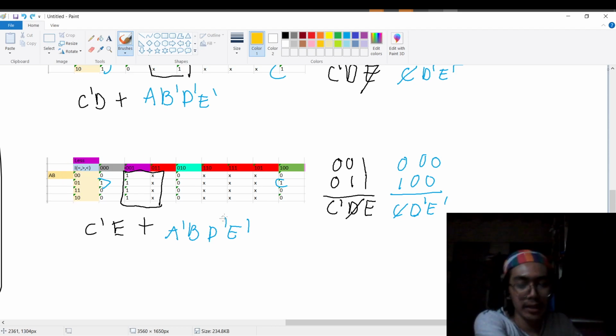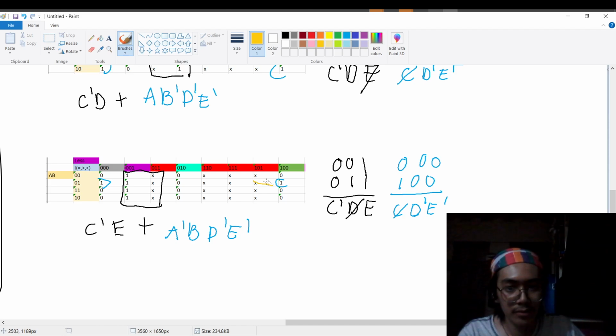So we cancel A and B, and we look at the CDE, which is 001 and 011. The only input that changed is D, from 0 to 1. So we cancel D, and what remains is the C prime and E.